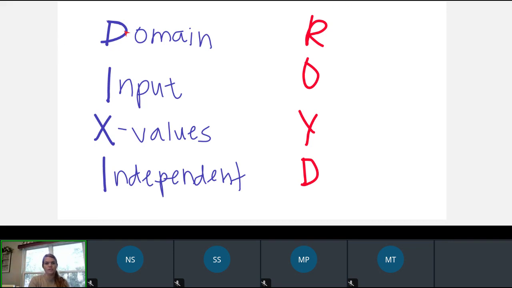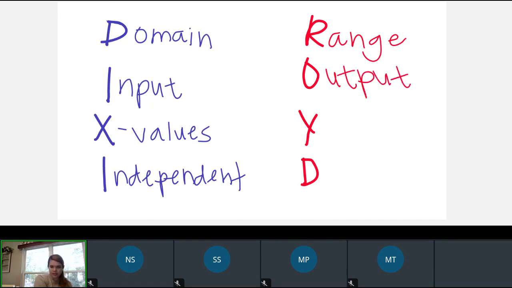That's why I'm showing you this, so that you understand we can use other terms to describe range, Y values, that sort of thing. In the word roid, R is going to stand for range. O is going to be output. So we're going to input our X or our domain, and then we get a number out.